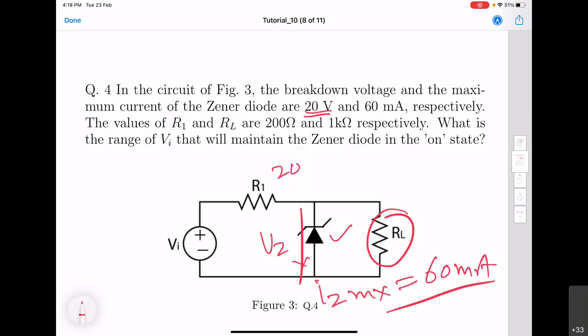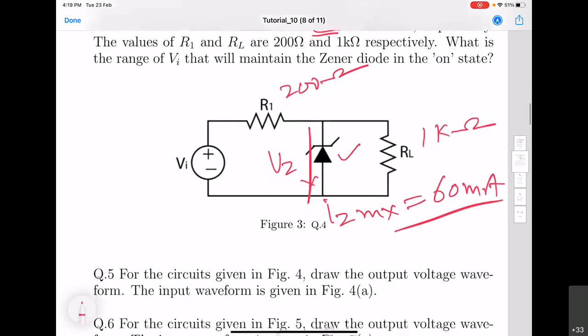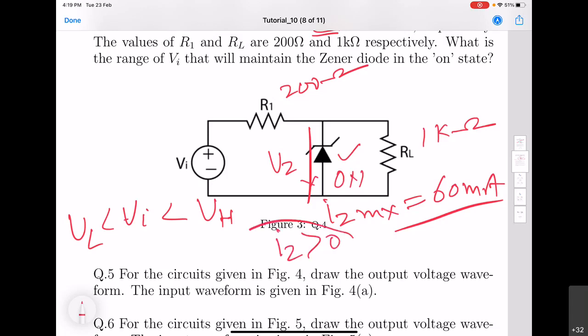And this R1 is 200 ohm, this RL is 1 kilo ohm. Then it says, what is the range of VI? There will be lower limit and there will be higher value of the input voltage, such that this Zener diode is on. That means this IZ is greater than 0.